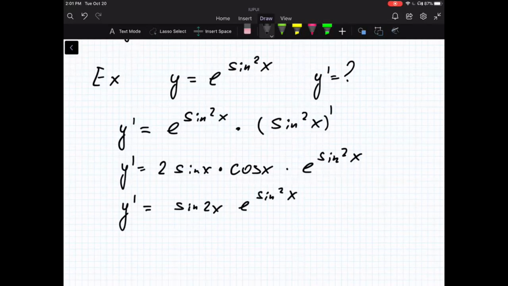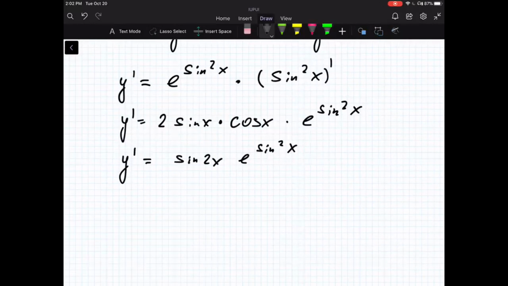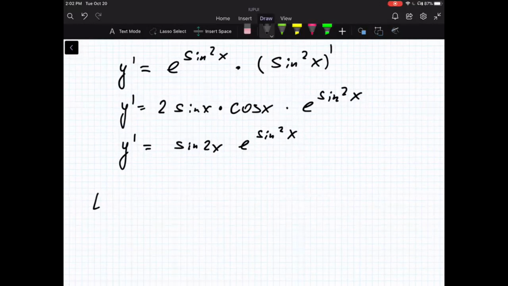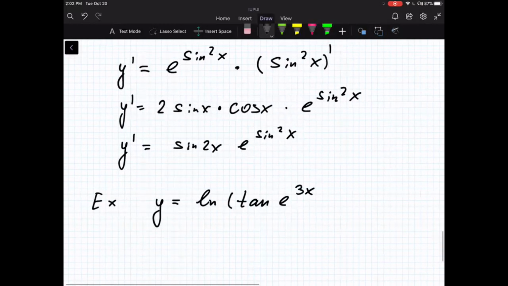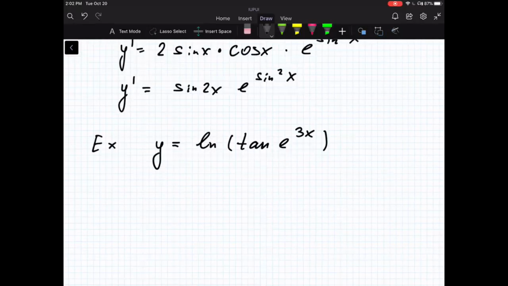So it becomes slightly more compact. What about the next example, when we have y equal to logarithm of tangent of exponential 3x. Okay, see, very complicated function, but if you do it by steps, it is not that complicated. So first of all, we see that it's a natural logarithm.